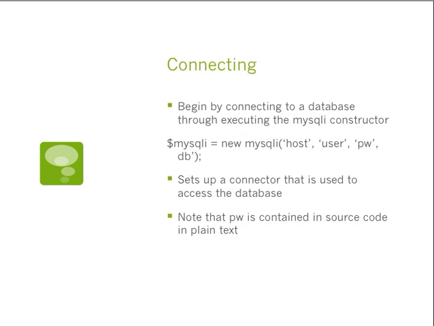The first thing you need to do with a PHP script when connecting to and accessing a database is to create the connection. You do this by creating a variable and calling the MySQLi constructor.